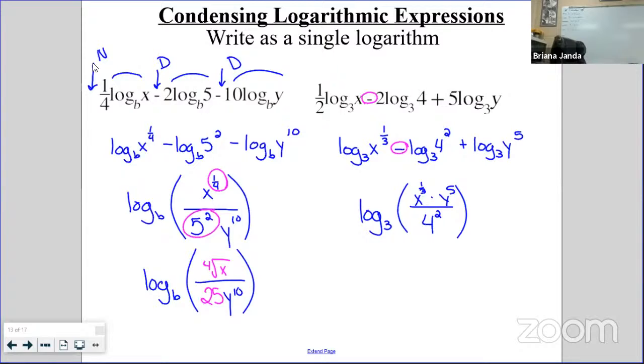So finish this one up, clean up the cube root and the 4 squared: log base 3 of the cube root of x times y to the 5th, and you can put the y to the 5th in front of that if you want to, over 16.